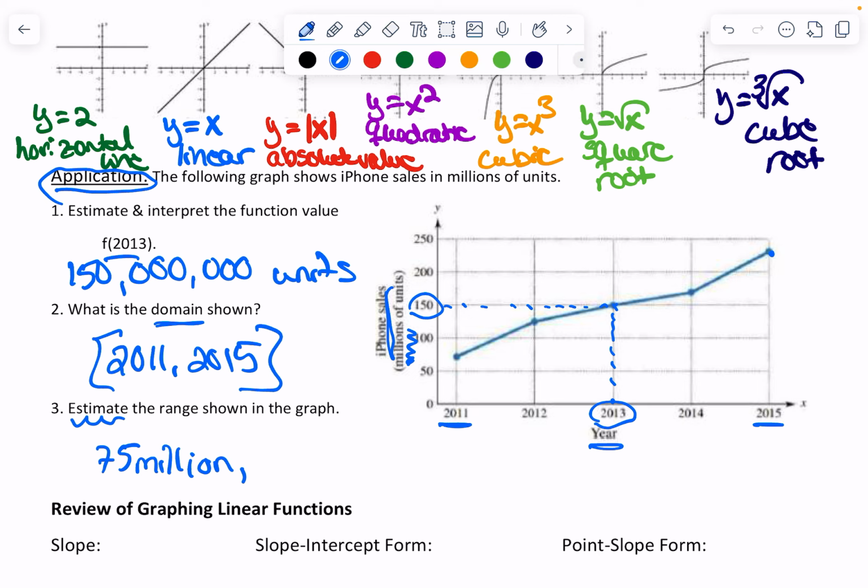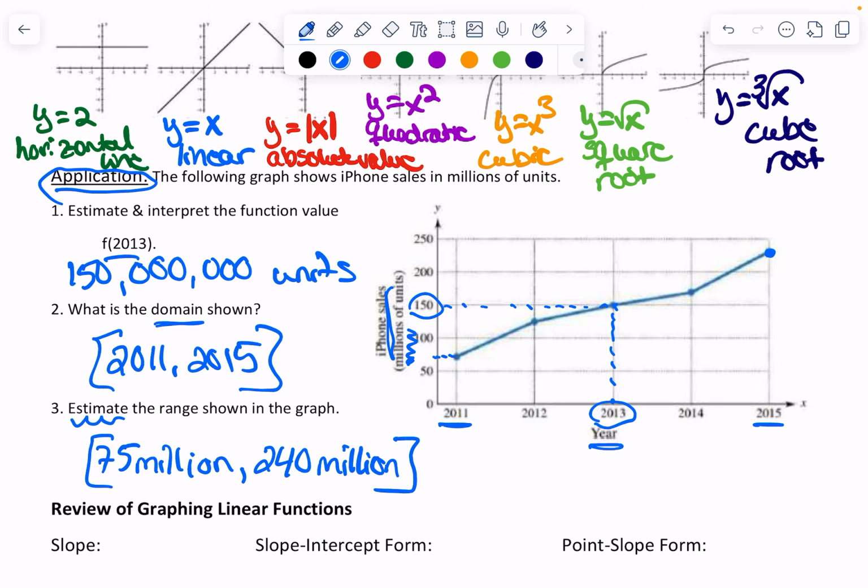Now if we look at it, it's almost about halfway between 50 and 100, where 75 is. Now, the other end for the y, it's less than 250, so I would probably approximate it to 240 million. Again, that's an estimate.